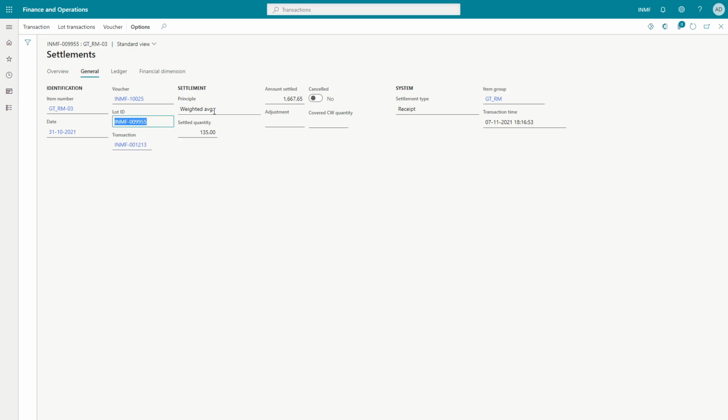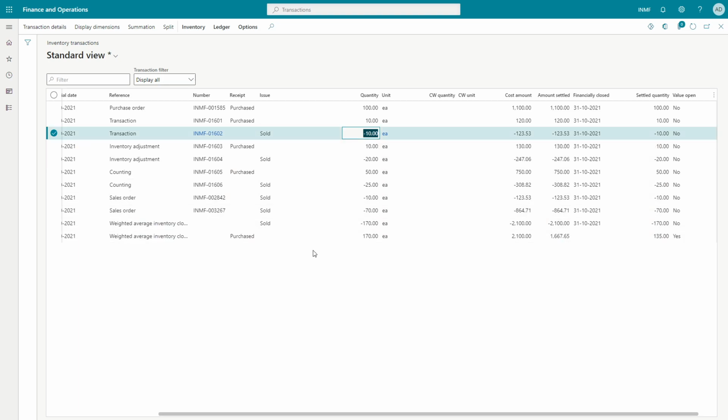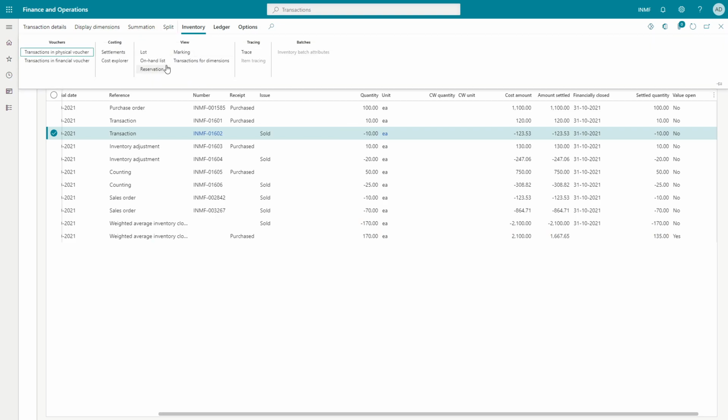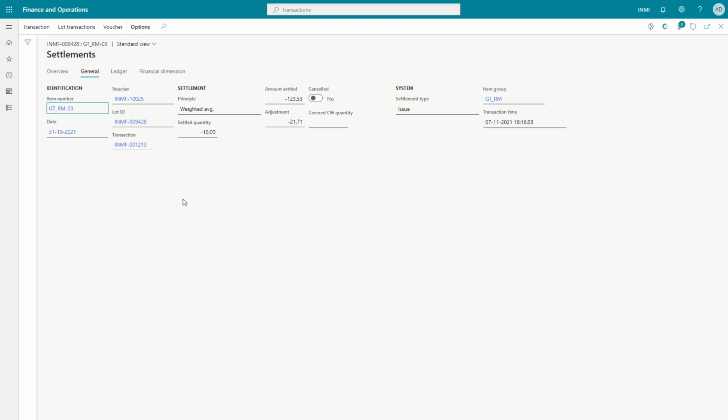Lot ID. Now out of this 2100, this 10 quantity is also settled. So the system maintains the reference on this particular issue transaction and marks it with this transaction. If I go to inventory and settlements, this is settled against that particular transaction. It is somewhere. Let me see.